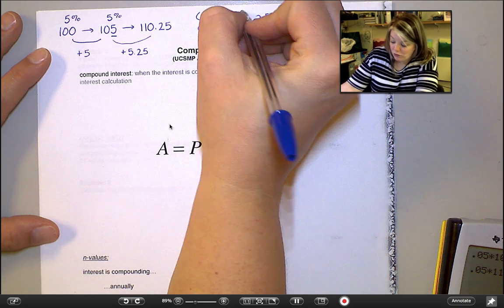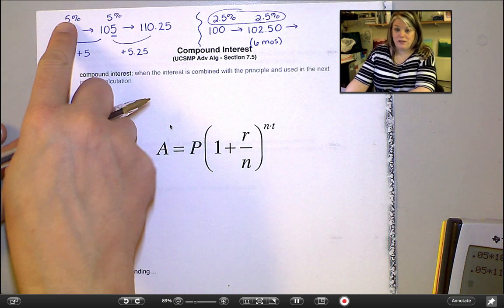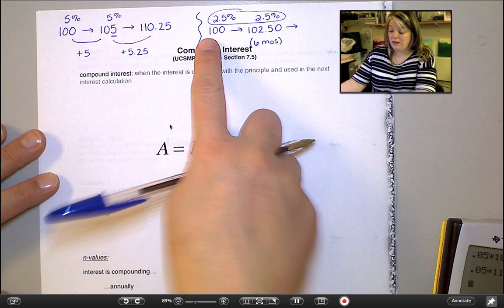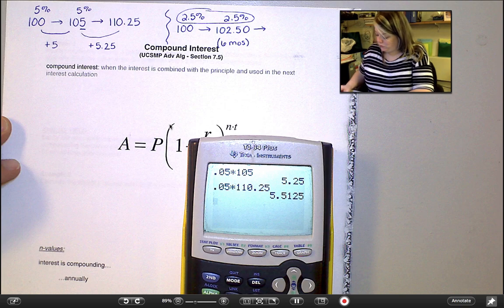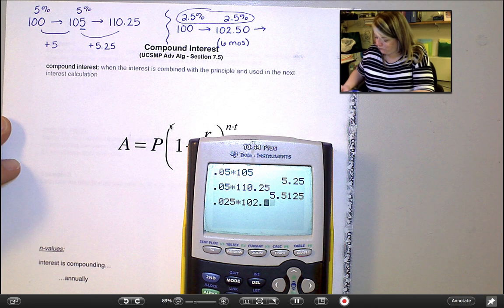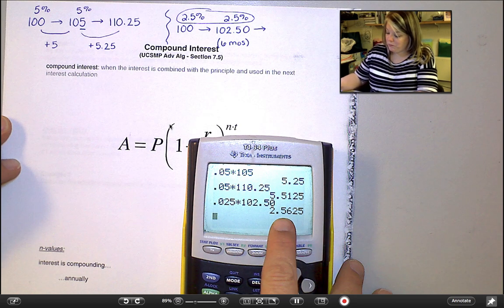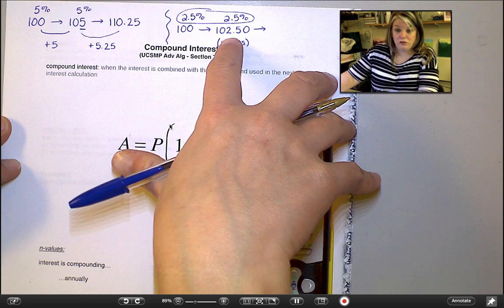So then at the end of the year, they would give you your other 2.5%. Okay, so grand total, you ended up with 5% interest, right? Just like this one did. Except this one split it up halfway through the year and then at the end of the year. But if you do 2.5% times 102.50, you actually end up with 2.56 getting added on instead of just 2.50.